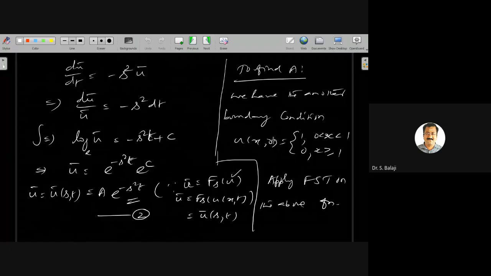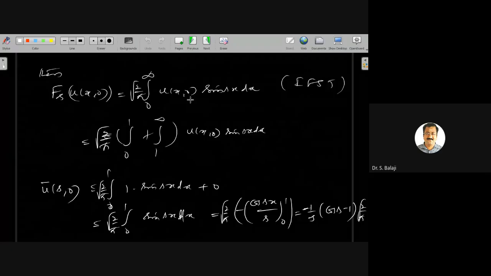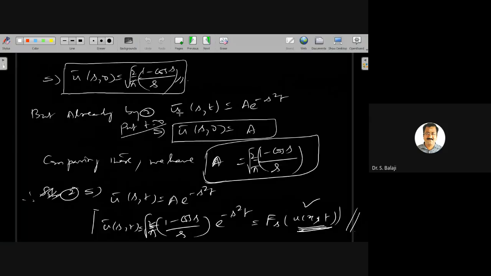You can apply the same transform for this function also. You can get u bar of s comma 0. But already you have u bar of s comma t, so substituting t equal to 0, you can get A. Therefore, you can compare these two and write the value. Now you can write what u bar of s comma t is. U bar of s comma t means the Fourier sine transform of u of x comma t.